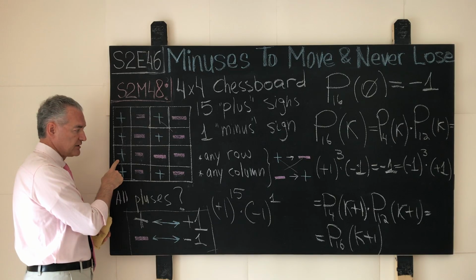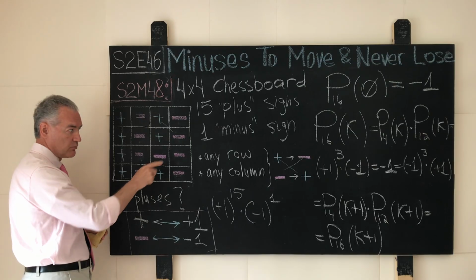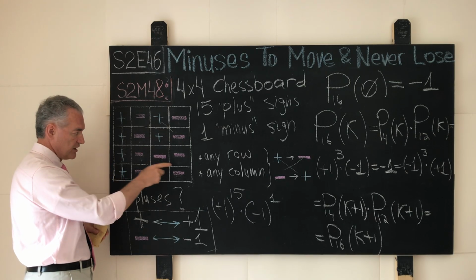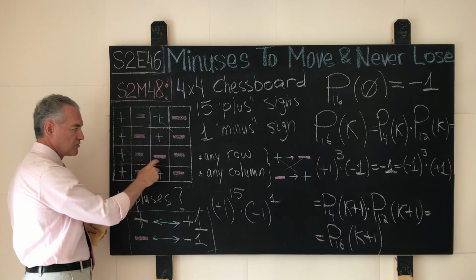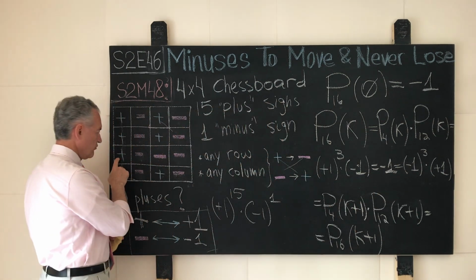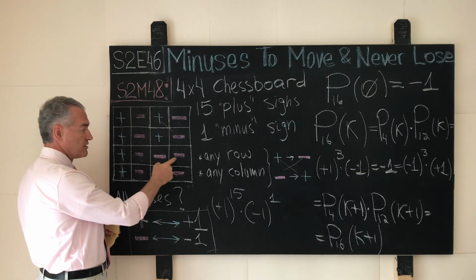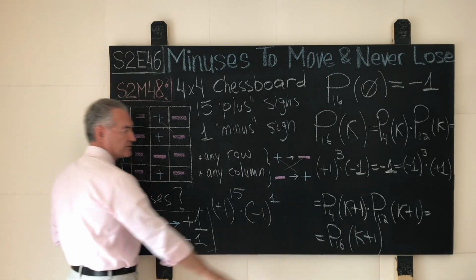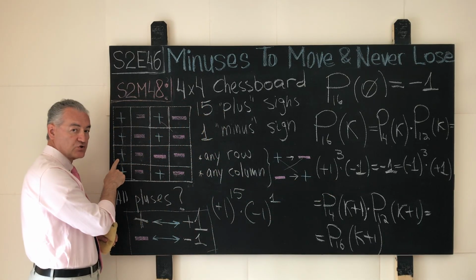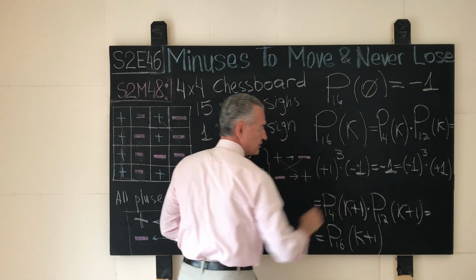And that means that before this particular column is acted on by our legal move, what is the multiplicative value of that formation, that row? 3 copies of -1, and 1 copy of +1. And after the move is carried out, what happens? The 3 negative ones become 3 positive ones, 3 copies of +1, and the sole +1 becomes the sole -1, and the value of that product is the same.